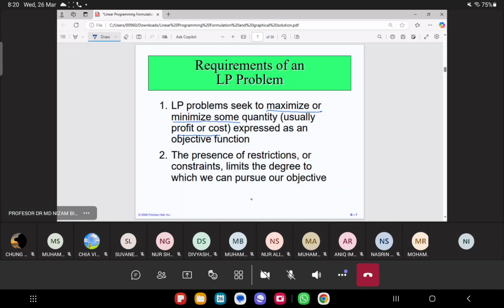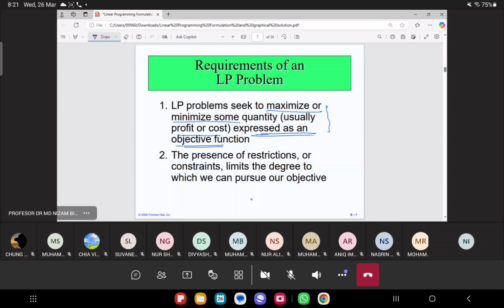But in the example just now, you can also minimize distance traveled or minimize time taken. As long as you can come up with an objective function for that situation, you meet this requirement, where you express the objective function in the form of a mathematical model.